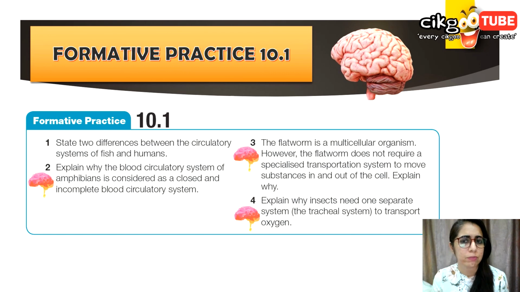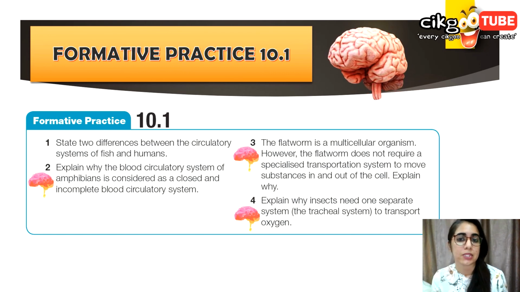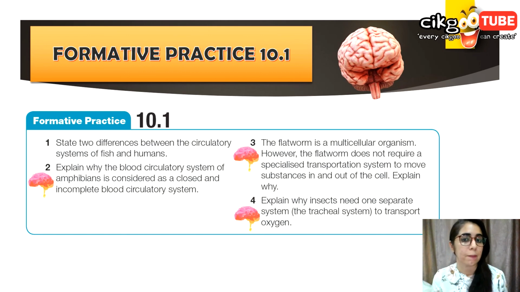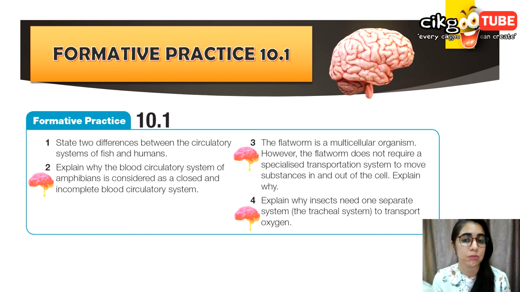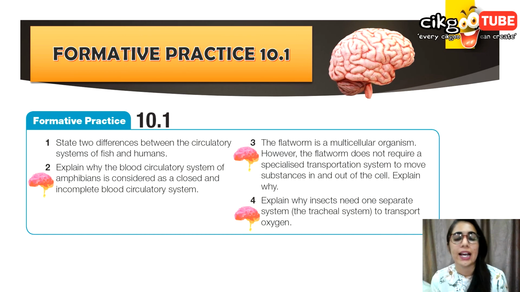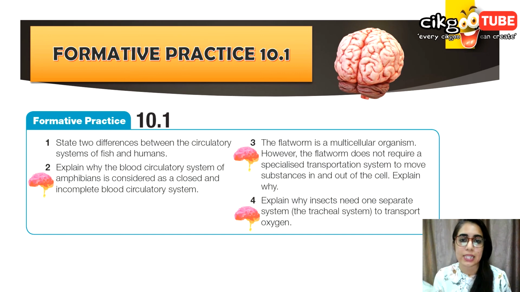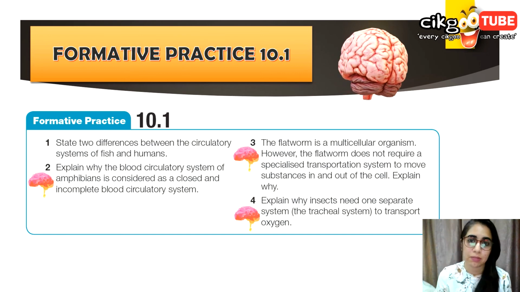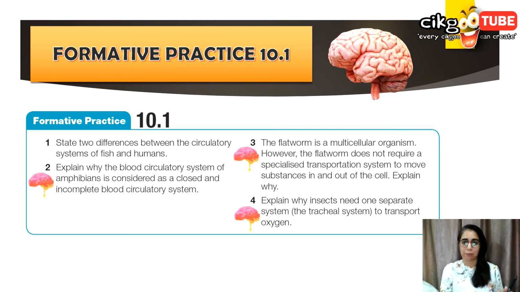However, flatworm does not require a specialized transportation system to move the substances in and out of the cell. Why? You have to explain why. And lastly, explain why insects need one separate system, which is the tracheal system, to transport oxygen. So why are they separated?